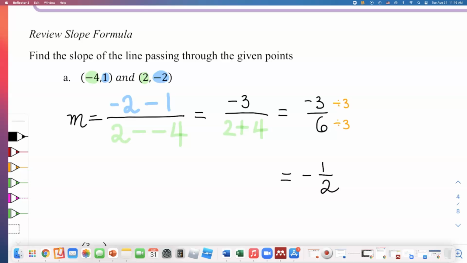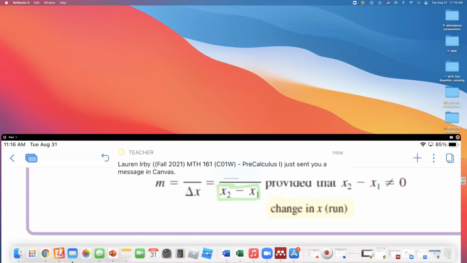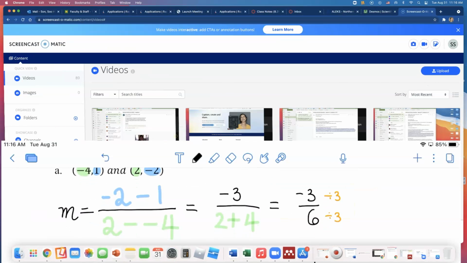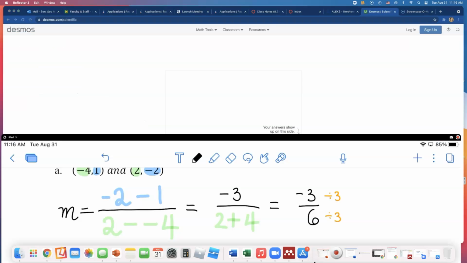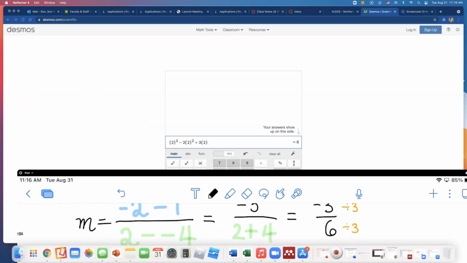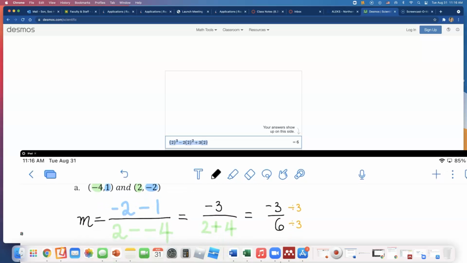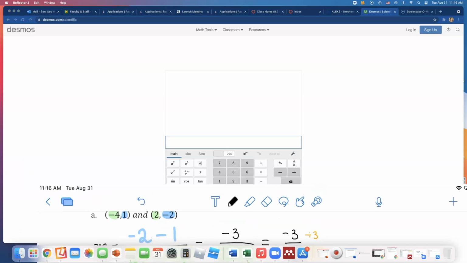Let me try another one. But I also want to show you, we are allowed to use a scientific calculator in our class. Here's a calculator that I have. I'll show you what I type in. Let me click on the fraction button.